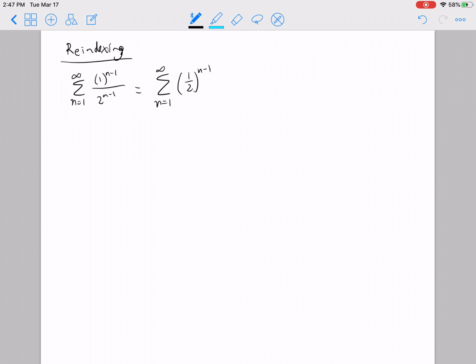They both have the same n minus 1 power. What we can do is some different versions of that. You can do n equals 0 to infinity of 1 over 2 to the n. You could do n equals 5 to infinity of 1 over 2 to the n minus 5.